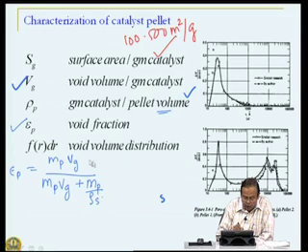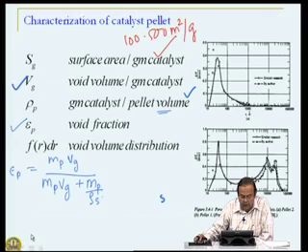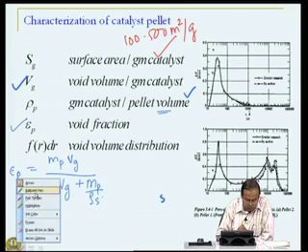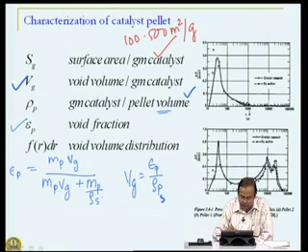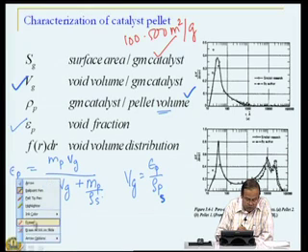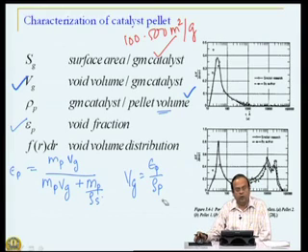So, if you rearrange these terms, we will actually get my Vg is epsilon p by rho p. Okay, epsilon p by rho p. So, these quantities are actually related to each other, they are not completely independent of each other.